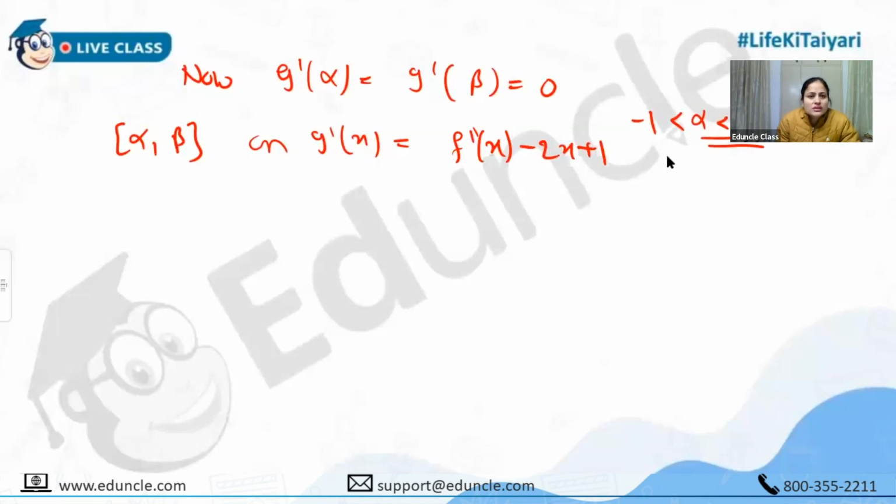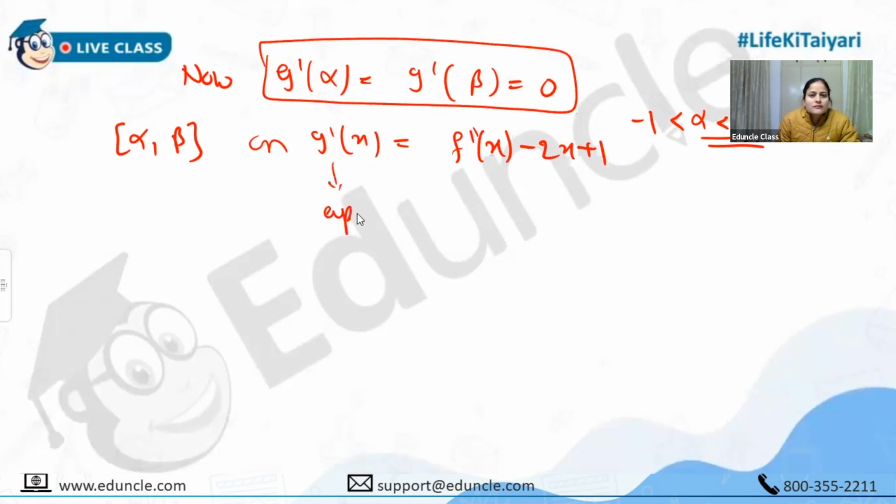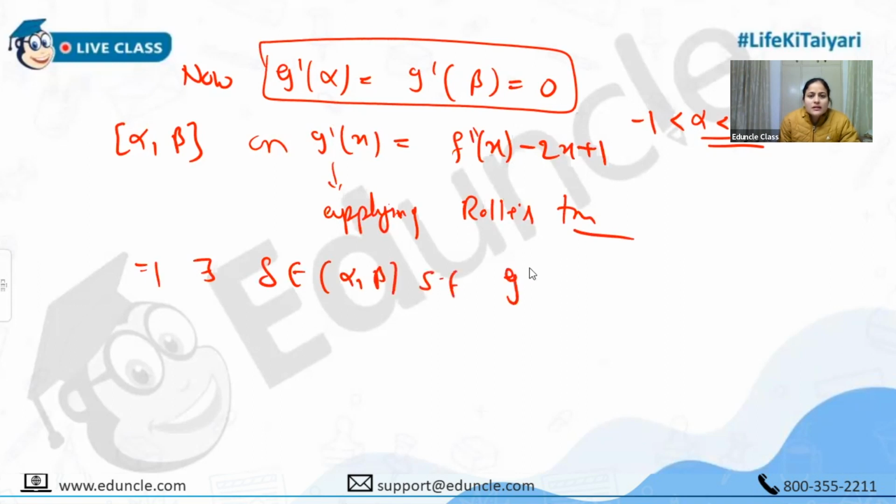Why can I talk about Rolle's theorem? Because at the boundary points of this interval, the value of this function is the same. So now I am applying Rolle's theorem. According to Rolle's theorem, there exists a point delta between alpha and beta such that g double dash at delta will be 0.